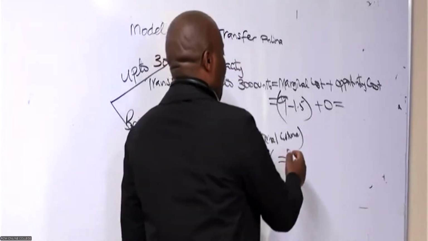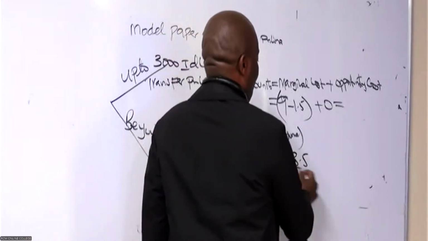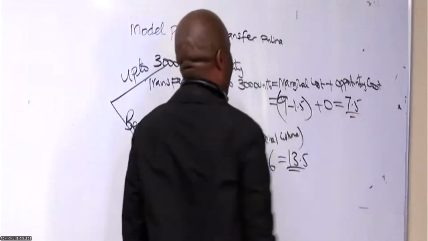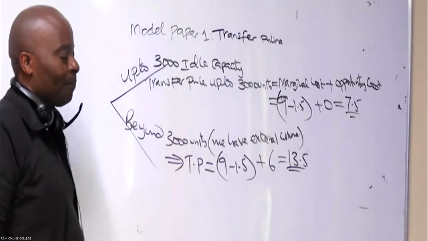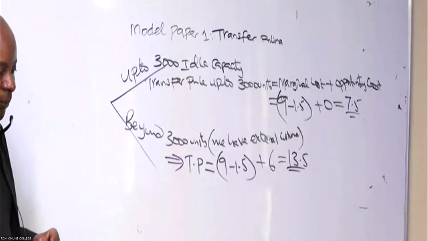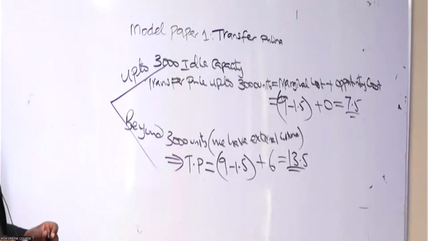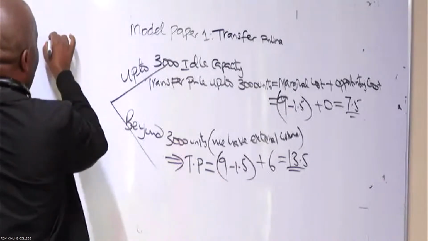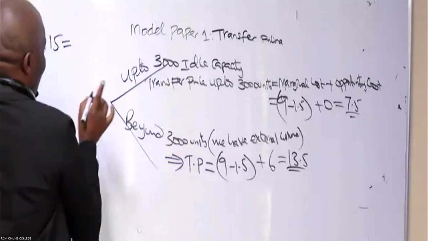So then this takes us back to 13 point what here, somebody? 7.5 and 13.5. Remember, the student who is asking, in this case we are told that the selling price is 15, if you read that question very well.